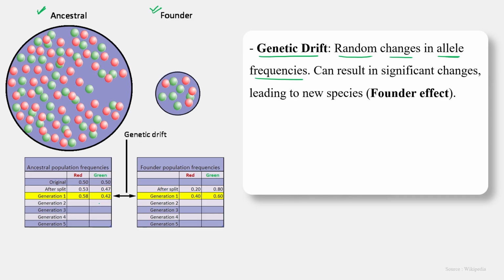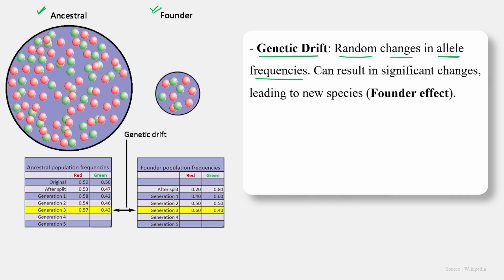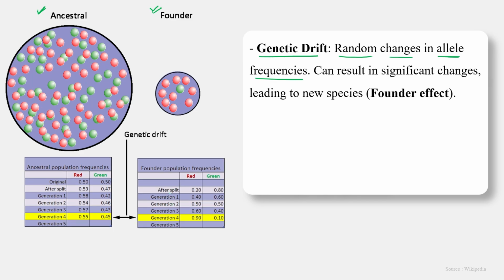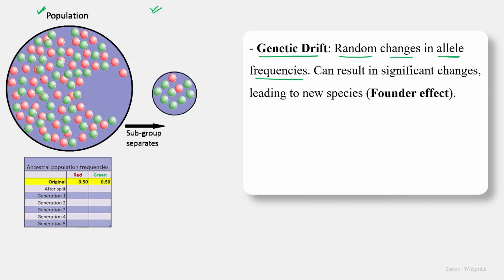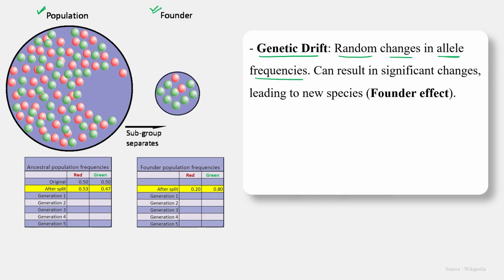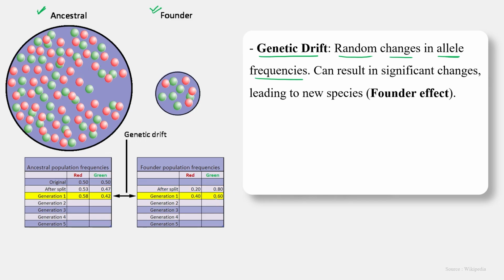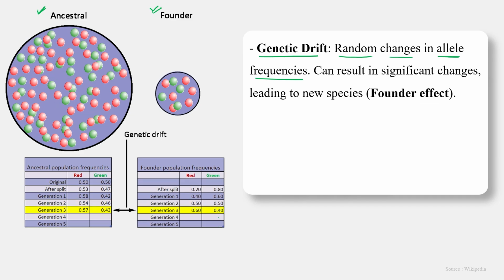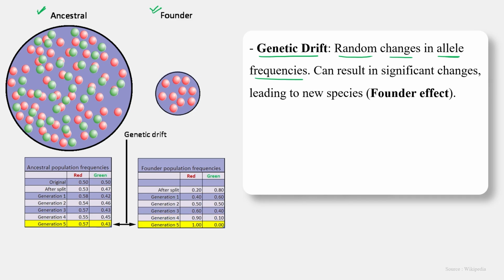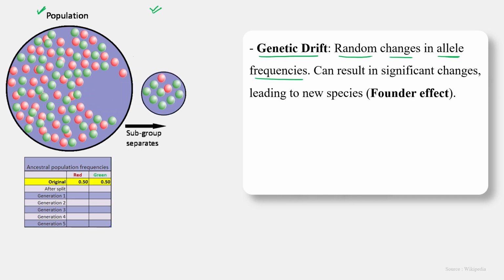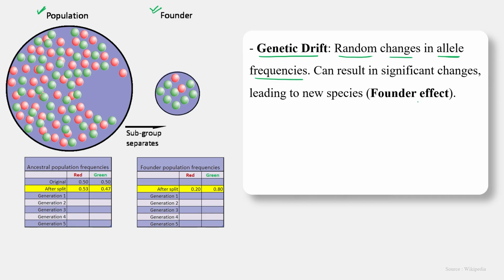But when a small group, known as the founders population, separates out, in the initial phase the number of green balls is more. But after so many generations you can see 0.8, 0.6, 0.5, 0.4, 0.3 and 0.2, like this. So the number of red balls increases and green goes to 0, right? And this is known as the founders effect.